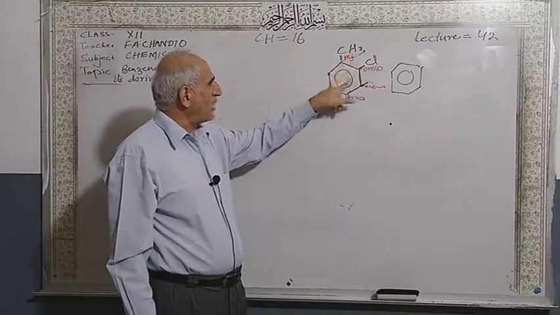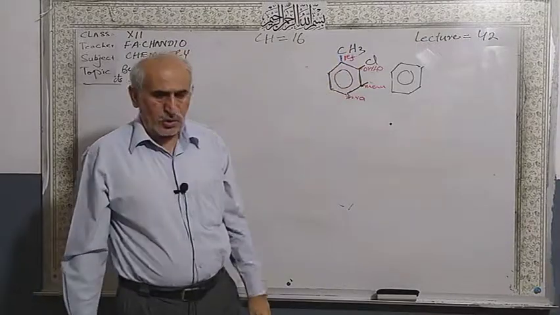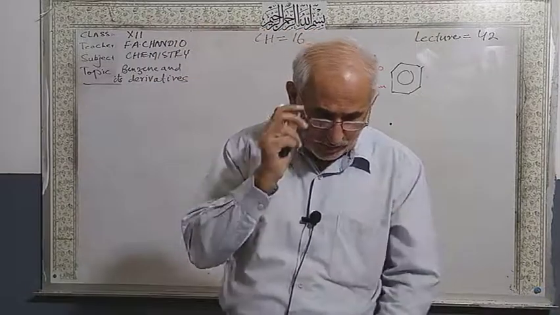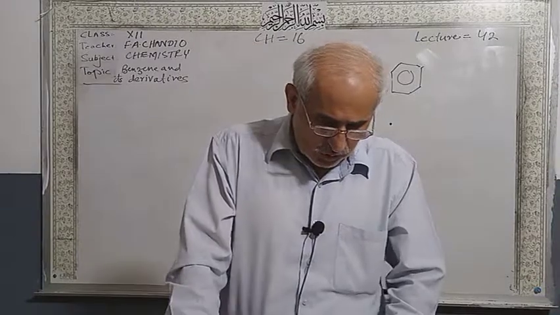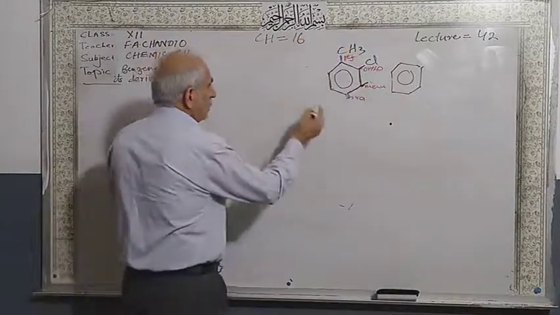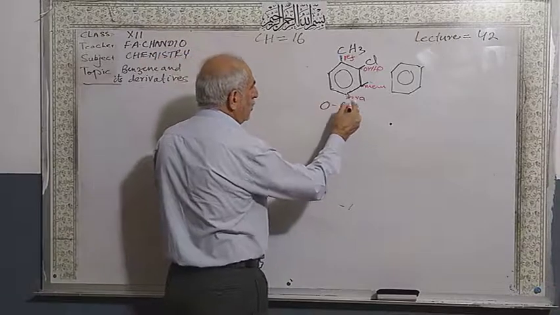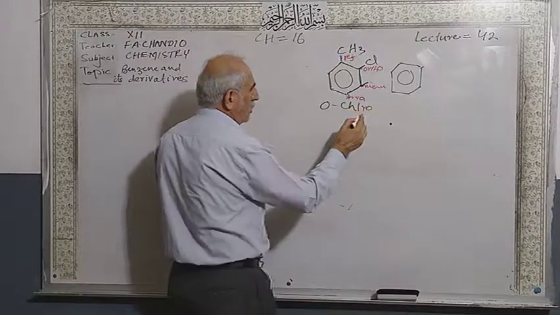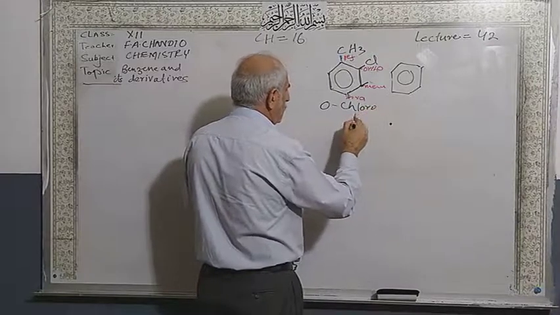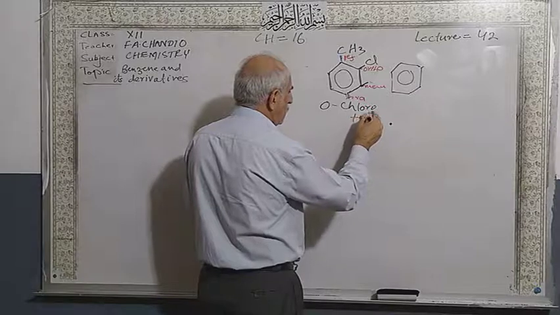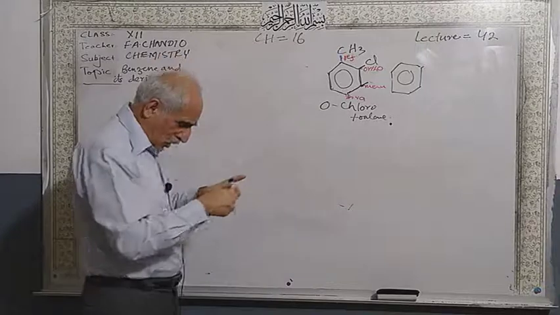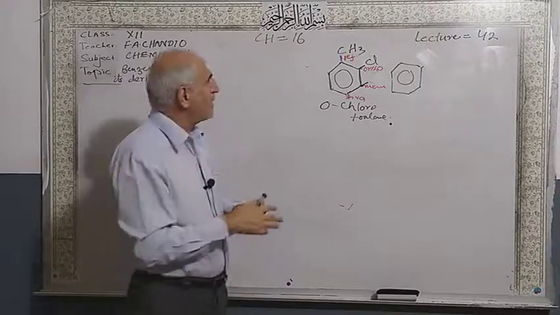Then CH3 is attached to the benzene, we call it toluene. Orthochlorotoluene. So in your book this is written the same, orthochlorotoluene. Or, according to the IUPAC system, you have to give the names.